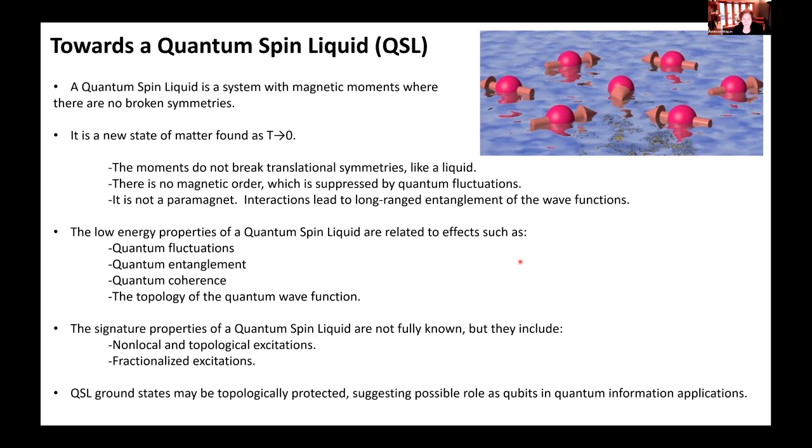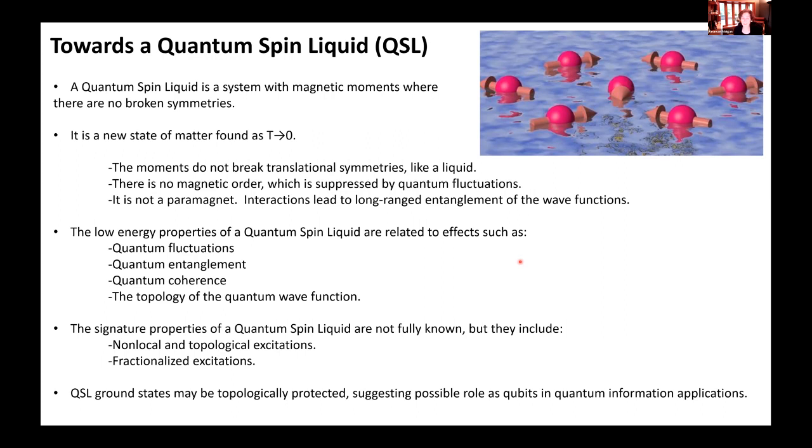So as an experimentalist, I find the following list both motivating and disappointing, in the sense that the properties of a quantum spin liquid are poorly defined, but they are related to effects, as I say, such as quantum fluctuations, to the entanglement over long length scales and long time scales of the magnetic wave functions themselves, and potentially to their coherence.